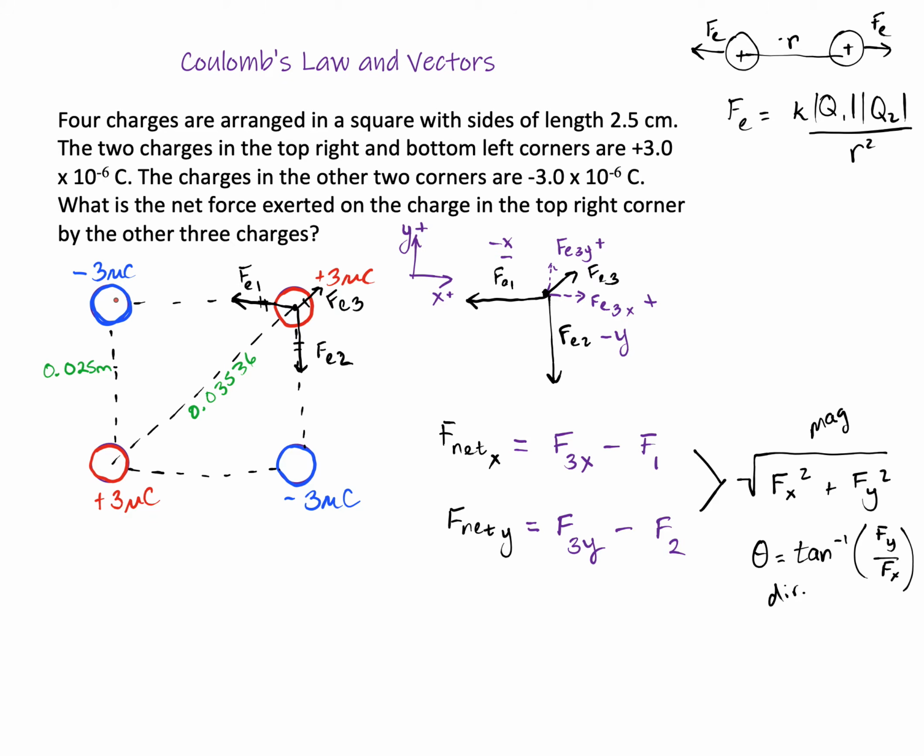So when I look at these, I can just independently calculate the combinations, right? And so I see this interaction here is described as Fe equals K times the absolute value of, I'll call this Q1 and Q2.